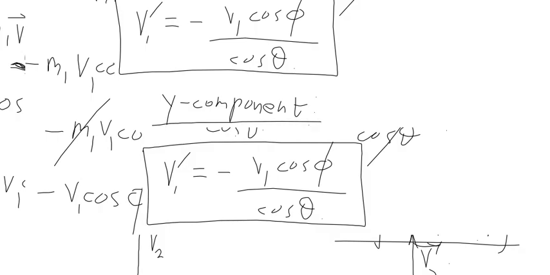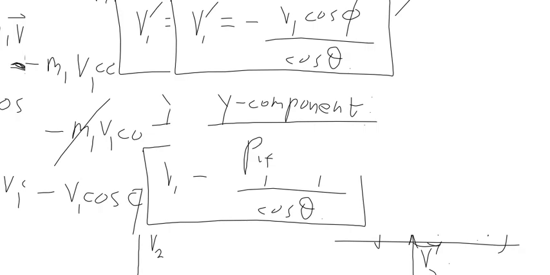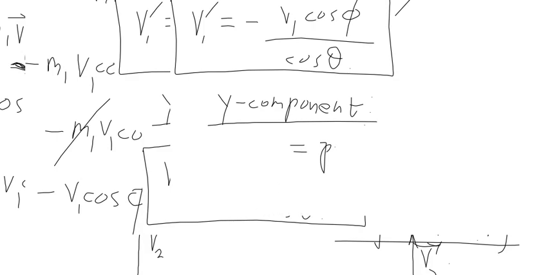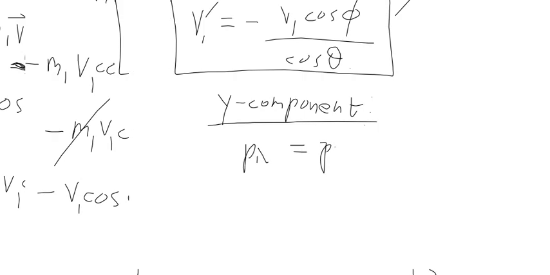This would be P_iy equals P_fy. So the initial momentum before in the y direction is equal to the momentum after in the y direction. They have to be equal because this is the conservation of momentum.